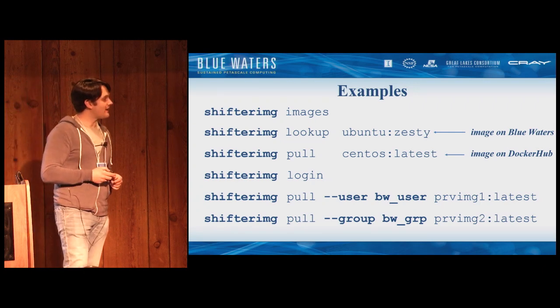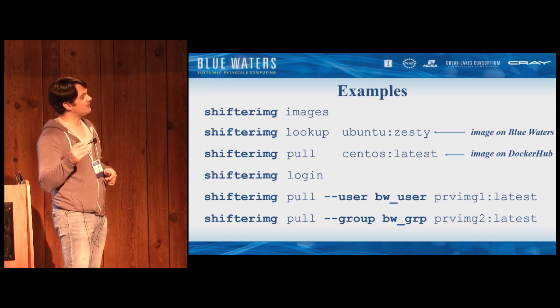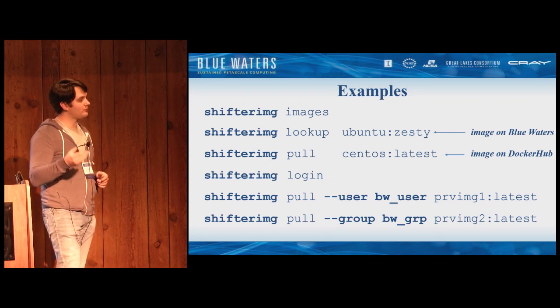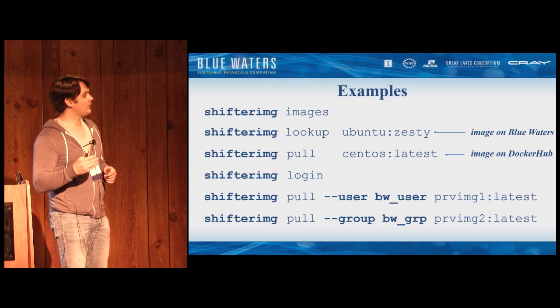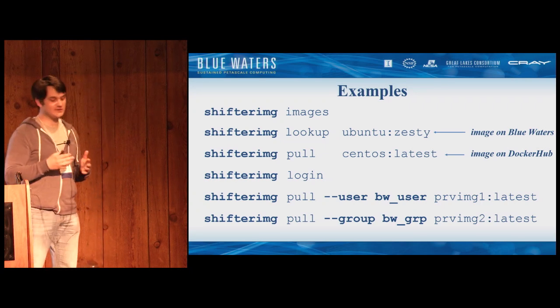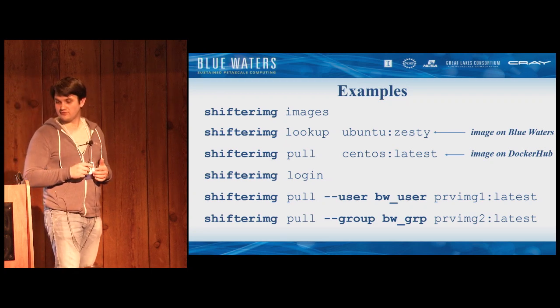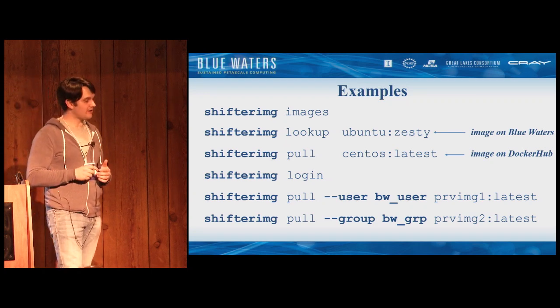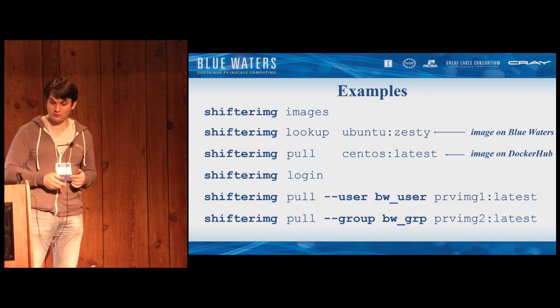The last two commands, shifterimg pull --user, allow us to pull private images in a way that we restrict their usage to specific users. Of course, you should use your username as the first one, and then after a comma, you can add more users or groups.